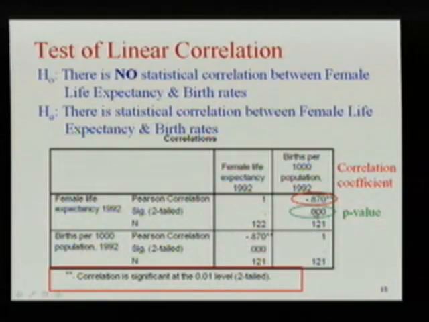Sometimes you may see a note saying correlation is significant at the 0.05 level. That means the p-value for this test, a test for 0 correlation, is less than 0.05. Does it make sense? Okay.